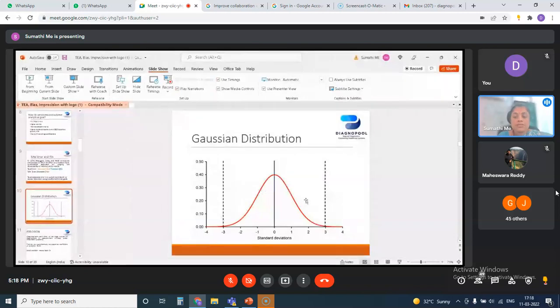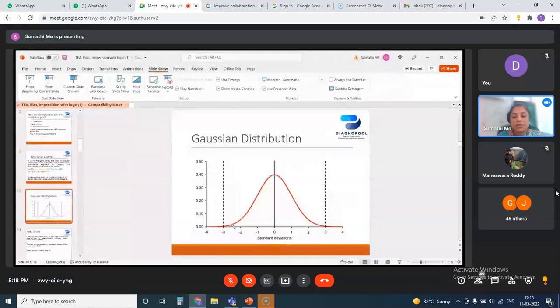It's a bell-shaped curve, and you can see there is a line here. This is the central tendency. That means the majority of the values will fall within this curve, and there is a central point which is called the mean. The spread of points away from the mean, going forward and backwards, is the dispersion.